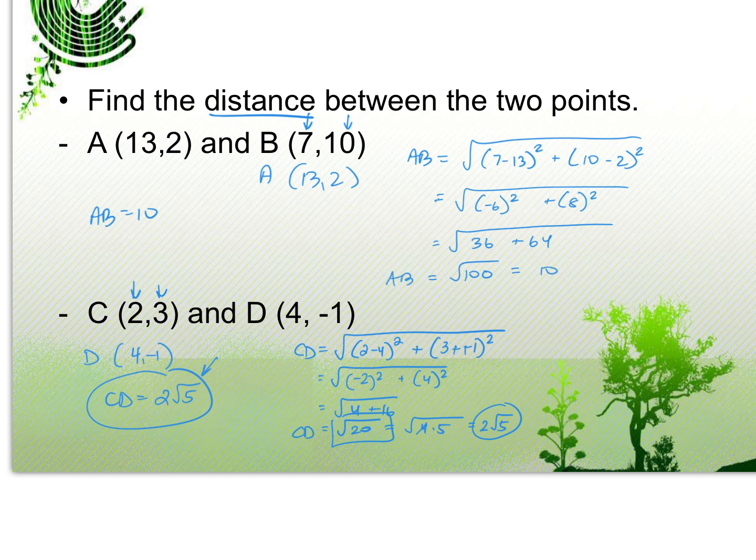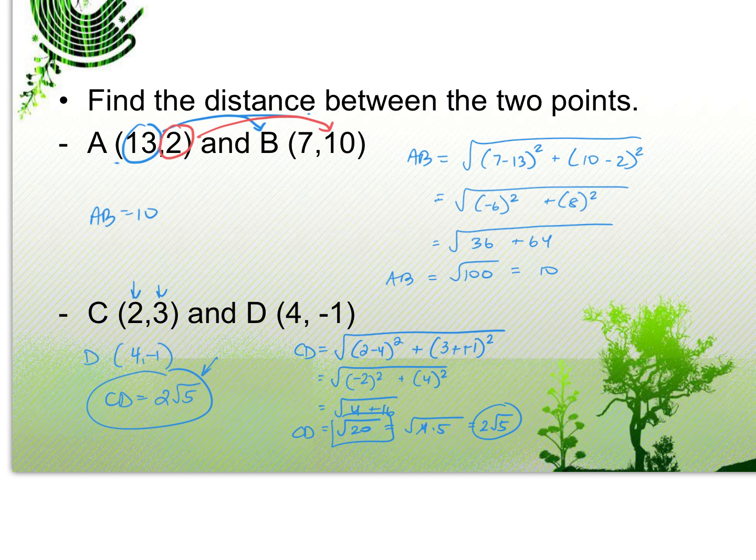And so it doesn't matter whether you put the B first and subtract the A's from it, or you put the A's first and subtract the B's. What matters, and the only thing that's important, is that if you're going to take this A and subtract this B from it, when you do your Y's, you've got to take this Y and subtract this one from it.